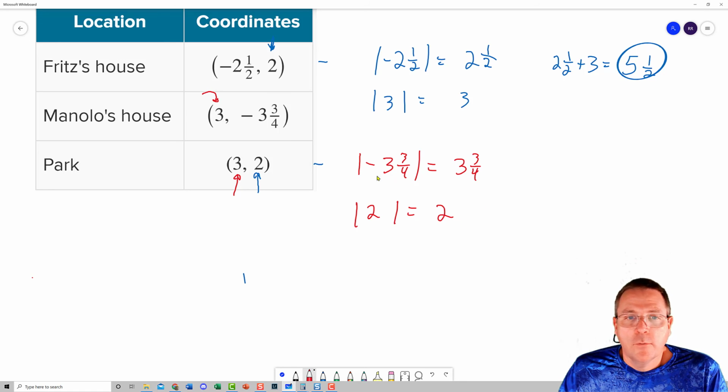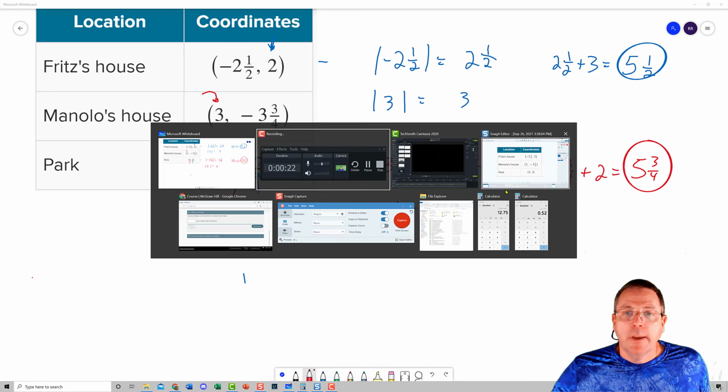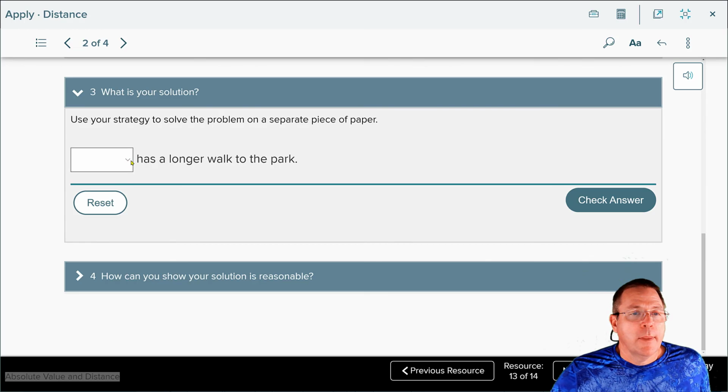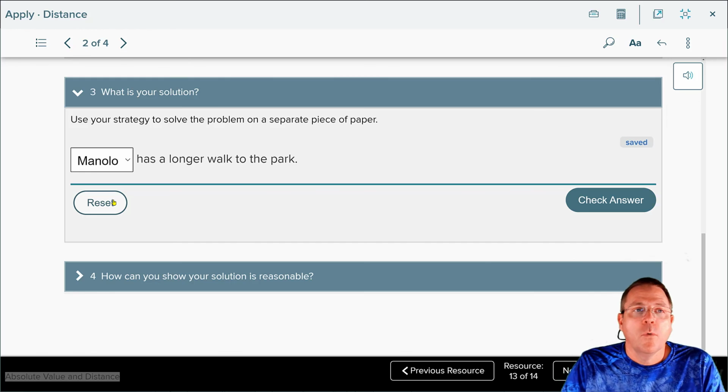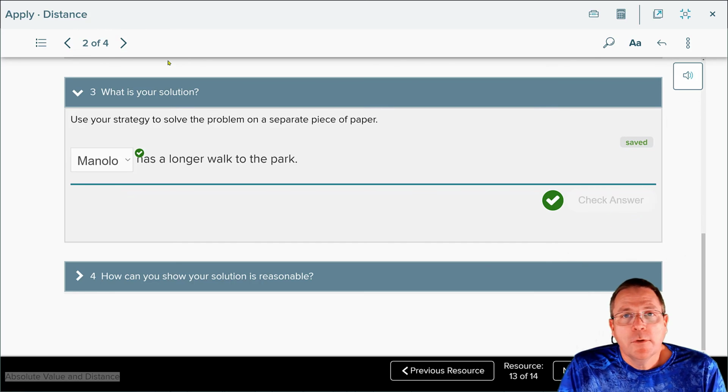So now, because once again they were in different quadrants, we're going to add those. 3 3/4 plus 2 is going to give me 5 3/4. Which one of those values is going to be bigger? The 5 3/4 is. That means, going back to our problem, that Manolo has a longer walk to get to the skateboard park.